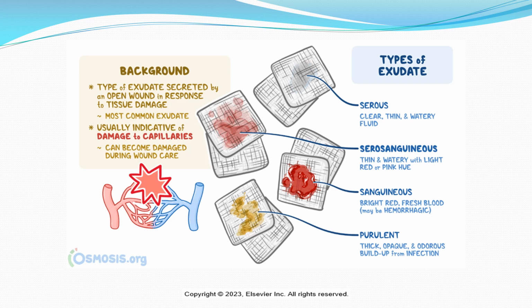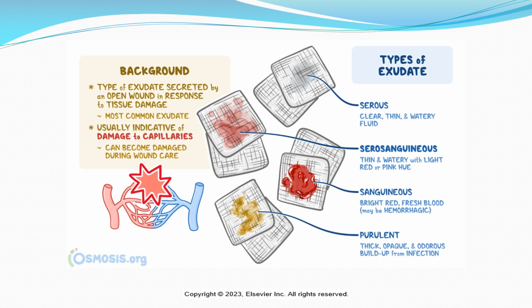The next one down is serosanguinous, which is thin, watery with a light red or pink hue to it. That just means that there is some blood in that serous type drainage as well, which is typically fine. Again, those first two are probably the ones that you're hoping to see whenever you're performing those bandage changes.